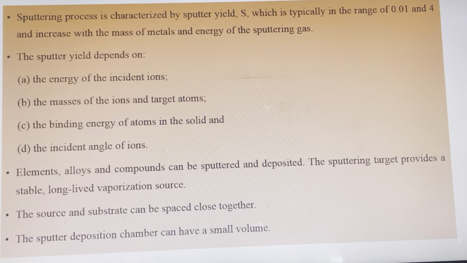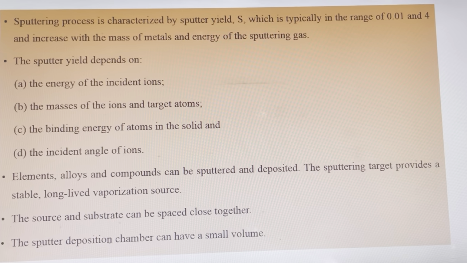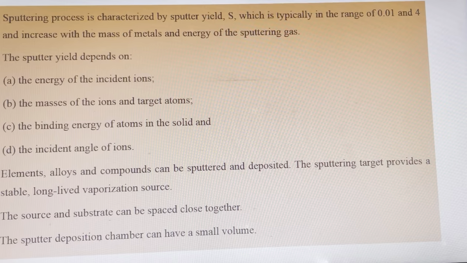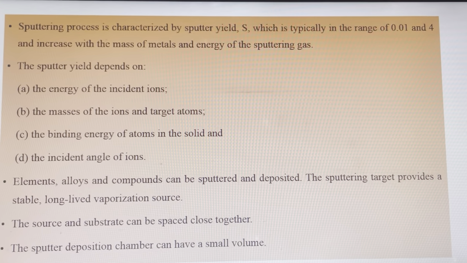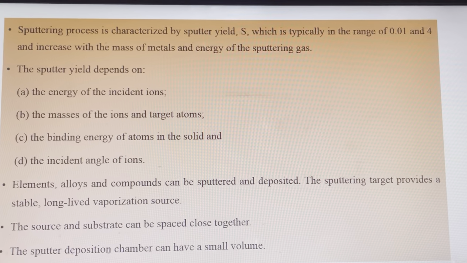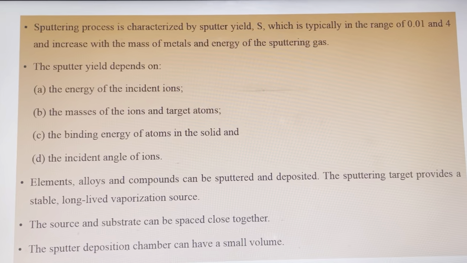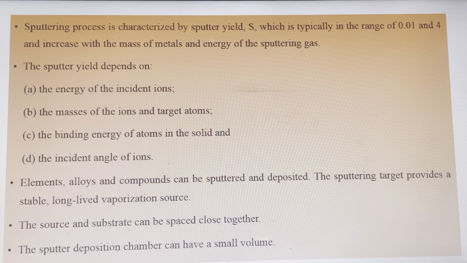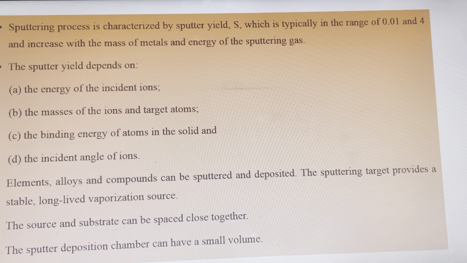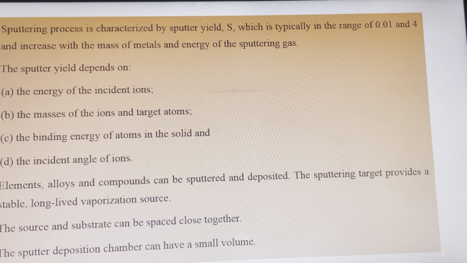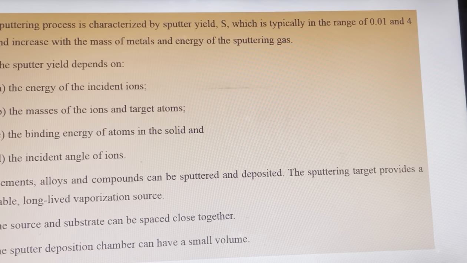The sputtering process is characterized by the sputter yield, denoted by S, which is typically in the range of 0.01 to 4, and increases with the mass of metals and energy of the sputtering gas. The sputter yield depends on the energy of the incident ions, the masses of the ions and the target atoms, the binding energy of the atoms in the solid, and the incident angle of the ions.